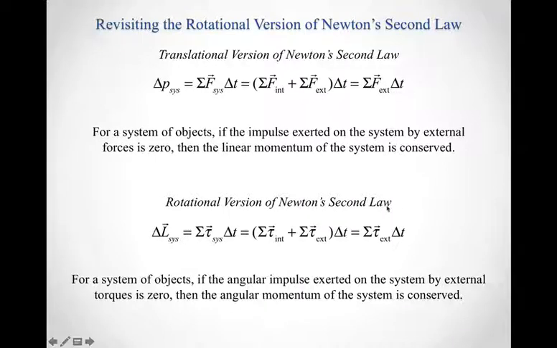And so you can get an angular impulse to be zero by either saying that the net external torque acting on the system is zero, or even if there is some non-zero net external torque, we make the time it's allowed to act really, really small, so there's no time for that external torque to change the momentum of the system. So this, of course, leads us to the idea of conservation of angular momentum.